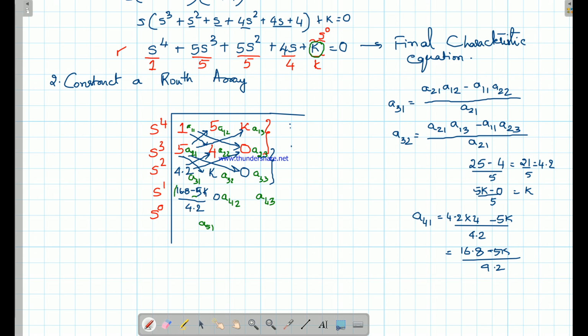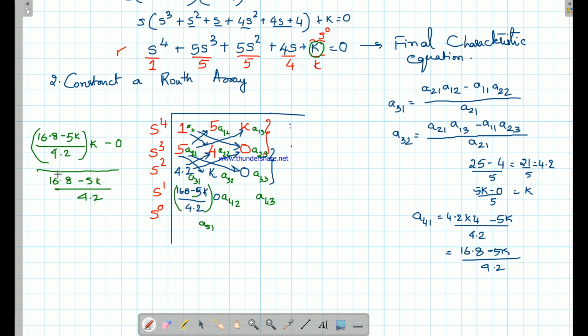You have the value 16.8 minus 5k by 4.2, multiply this with k, minus 4.2 into 0, which is 0, and divide it by this whole first element, 16.8 minus 5k by 4.2.